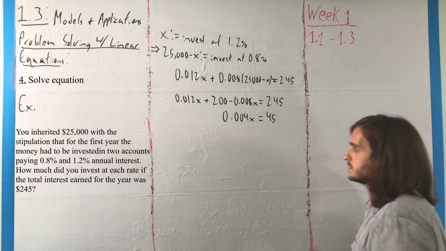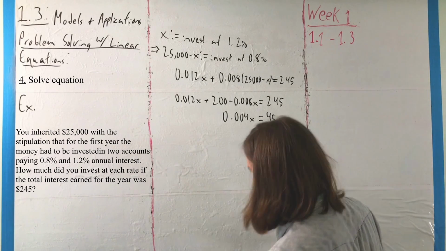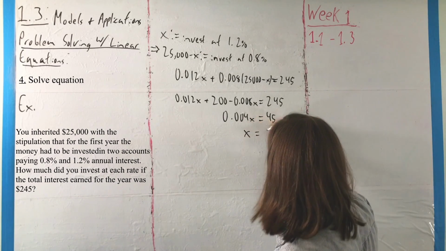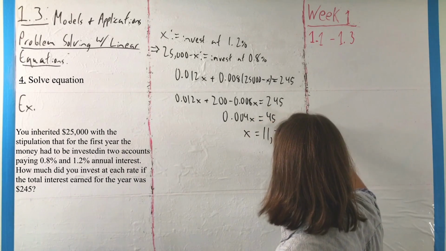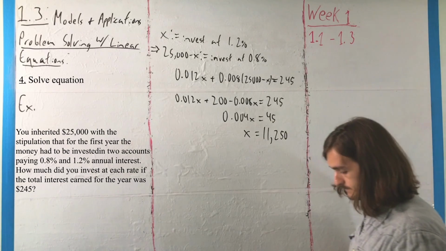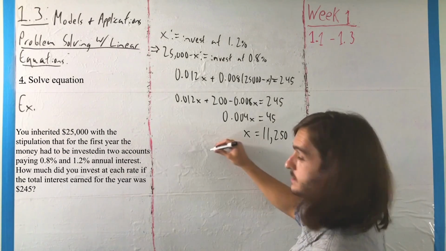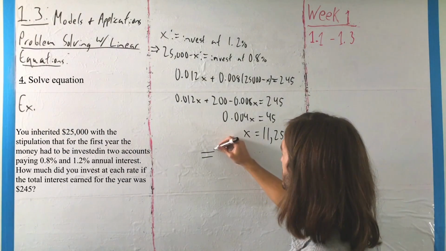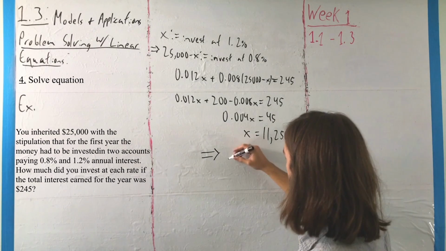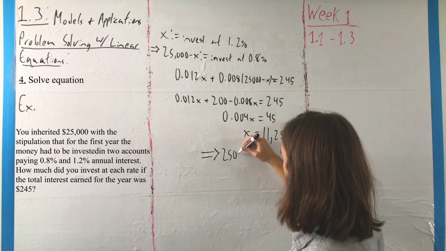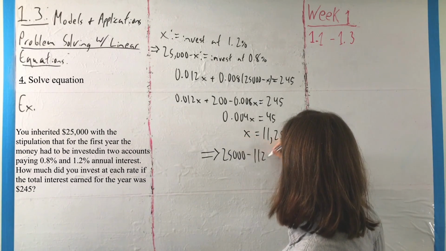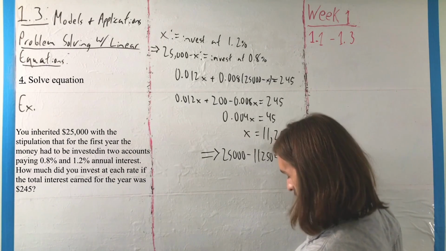So 0.004x equals 45, divide out the 0.004, and you get x is equal to 11,250, which tells you that the amount invested at 0.8% would be 25,000 minus 11,250, or $13,750.